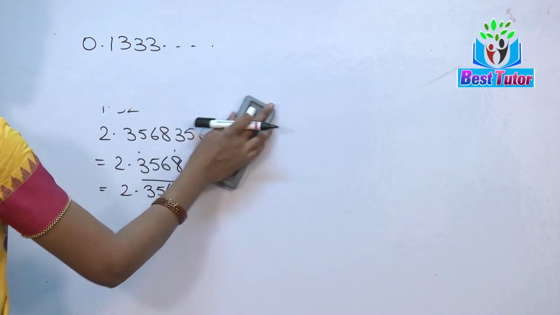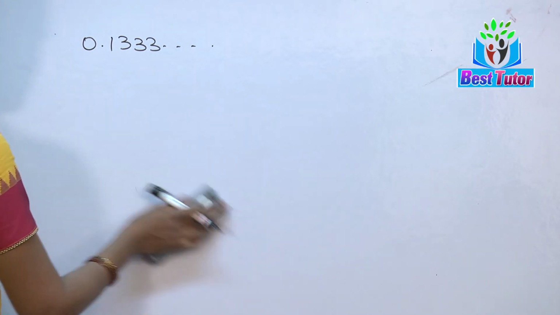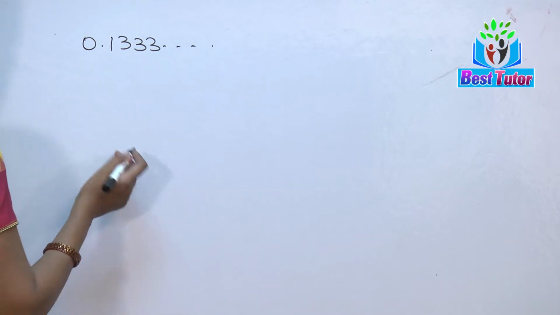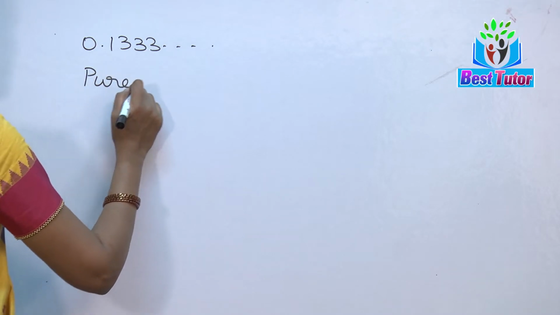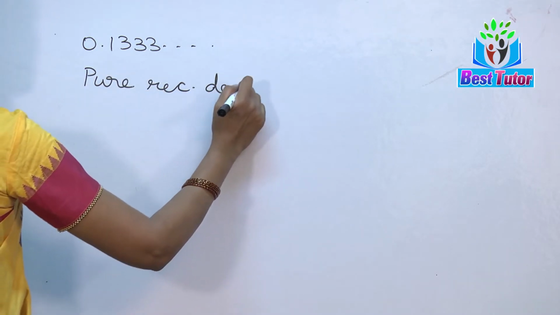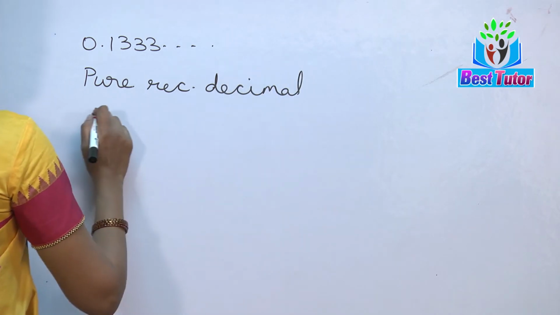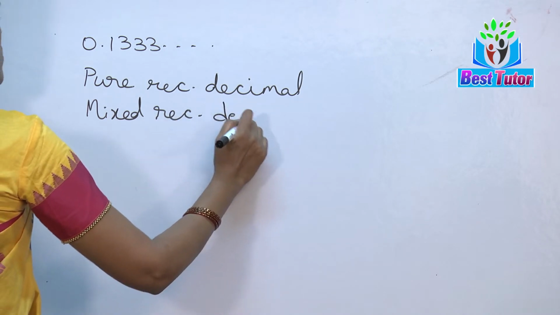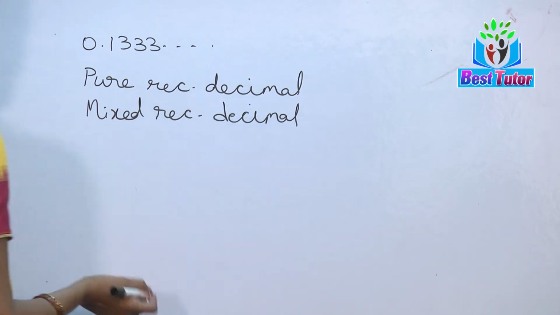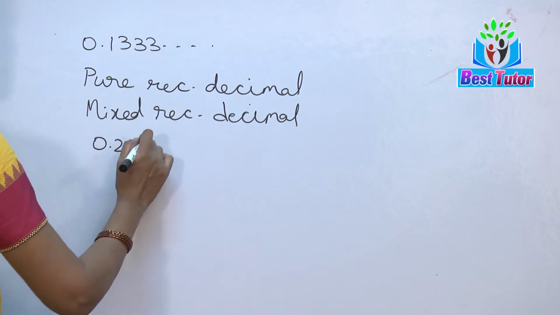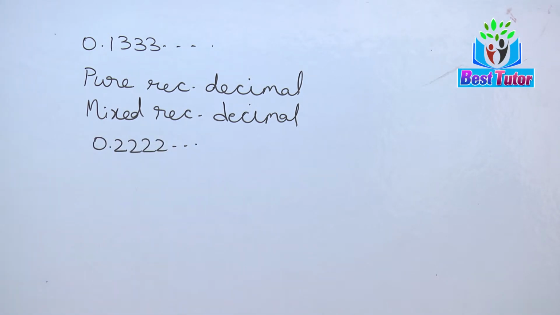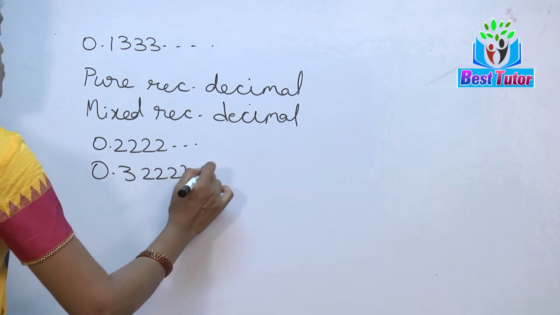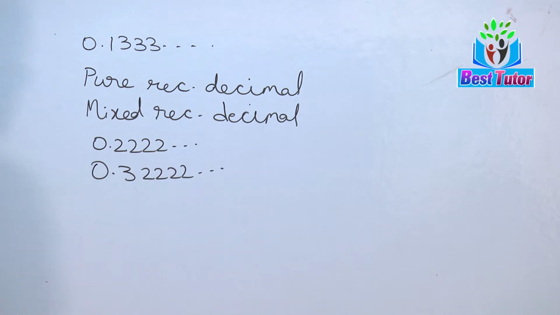Now how do we prove that this recurring decimal can be expressed in the form of p by q? There are two types of recurring decimals. One is pure recurring decimal and the other is mixed recurring decimal. What are those? If I have 0.2222 and so on, this is called a pure recurring decimal, whereas 0.32222 and so on is called a mixed recurring decimal.